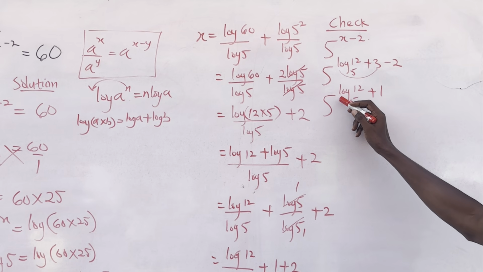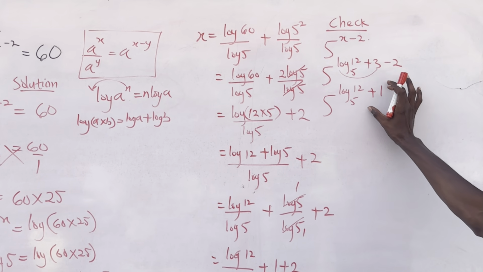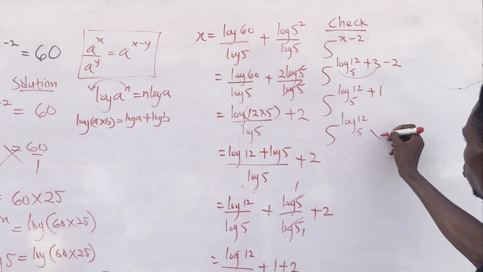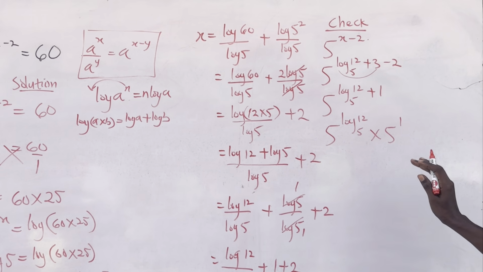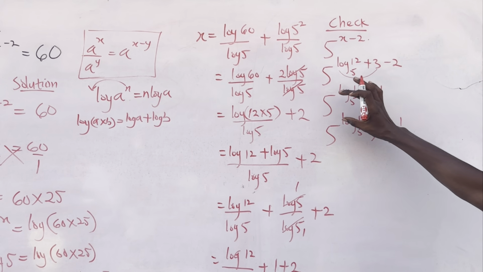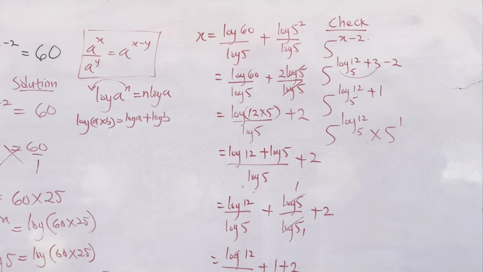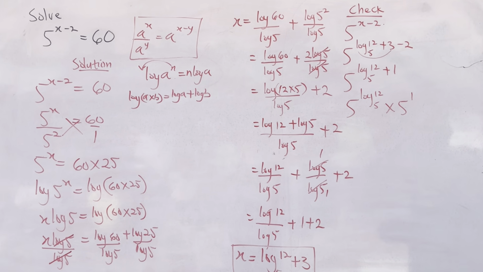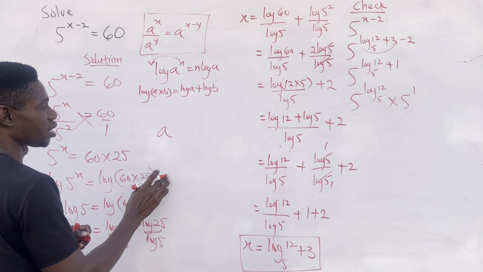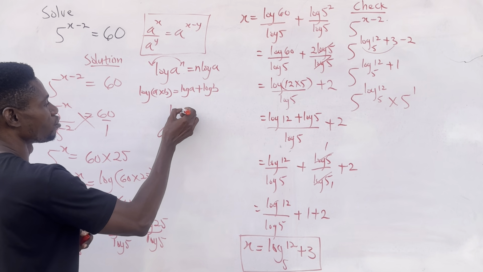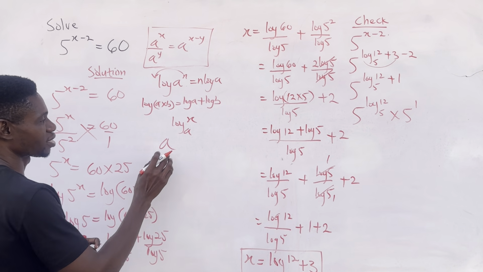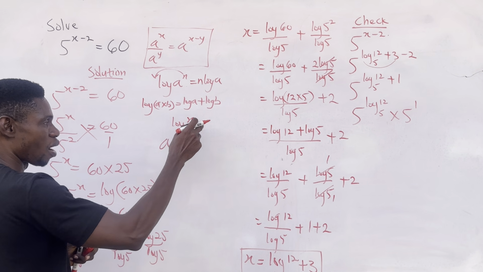Now, using the law of indices, we can break these two sides. So it gives us 5 raised to power log 12 base 5 multiplied by 5 raised to power 1. Because remember our law of indices, when you multiply same number, you add the powers. Now, one law of logarithm says that if you have a number with a power of log, and the log has a base of the same number, a raised to power log x base a is x.